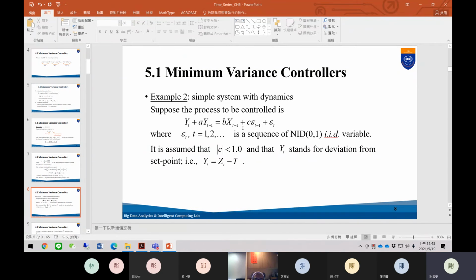Okay, this is the transfer function. And the last one, do you see my mouse indicating? What is the part? C epsilon t minus 1 plus epsilon t.